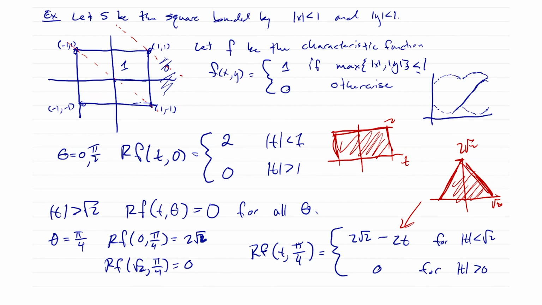There you go. So that's 4 different little lines here that correspond to, say, the corners of our square.